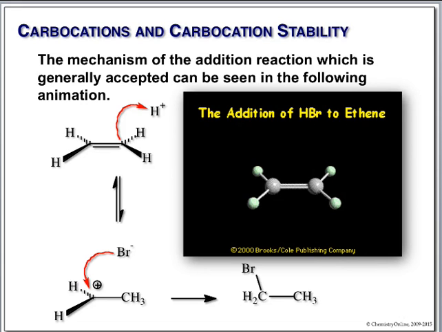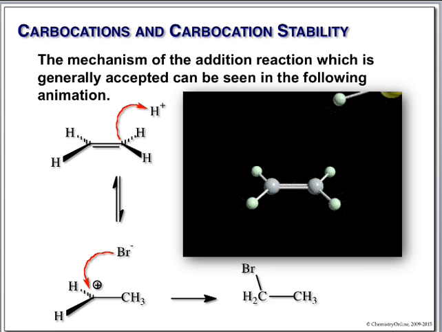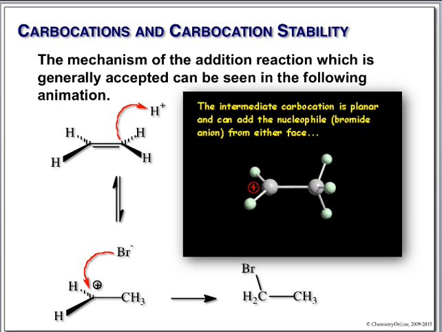This is from the McMurry book, 6th edition. Again, we're starting with ethene. We're going to protonate it to make a carbocation. Going to add halogen to make our product. Step 1, we're going to protonate the pi cloud and then rearrange to a carbocation.